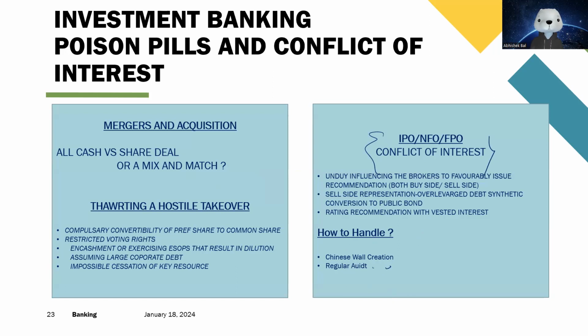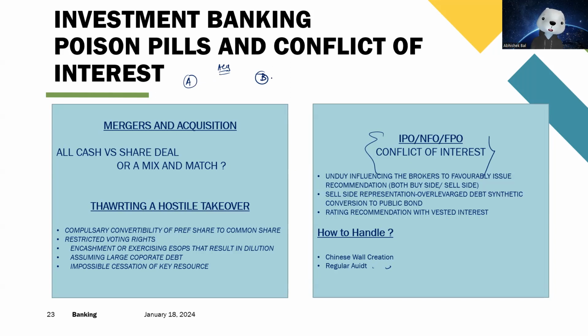Now, mergers and acquisition. What kind of deal can there be? So in case of mergers and acquisition, let's say we have a company A and company B. Please understand the words mergers and acquisition, even though they are used in conjunction, are quite different. Let's first talk about the acquisition.